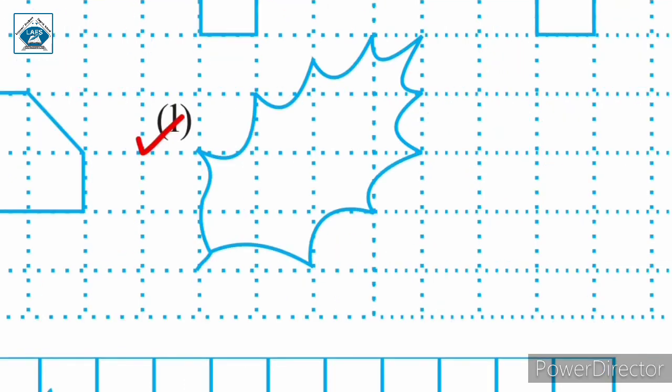So as you can see in this, 2 complete squares can be seen. The area occupied by this figure consists of 1 and 2, these 2 complete squares. Now how many squares are more than half? Let us count. Here we can see 1, 2, 3, 4, 5 and 6. 6 more than half squares can be seen.